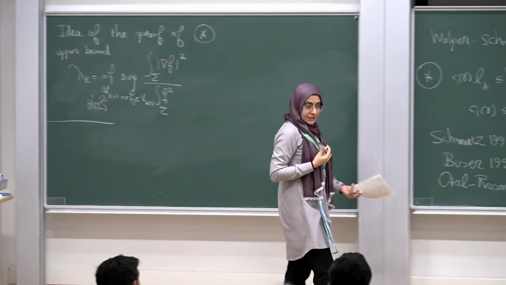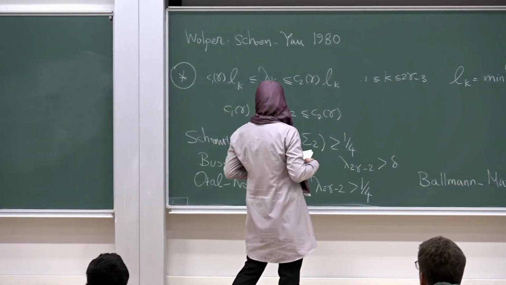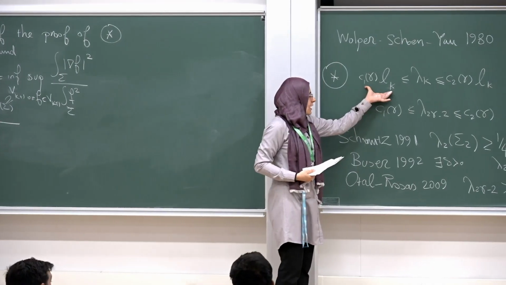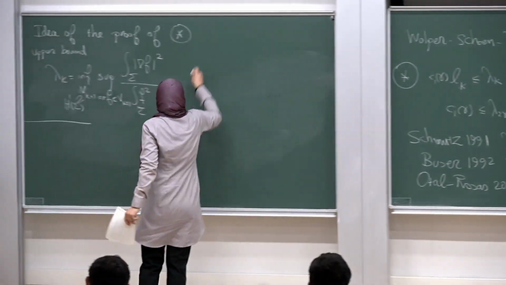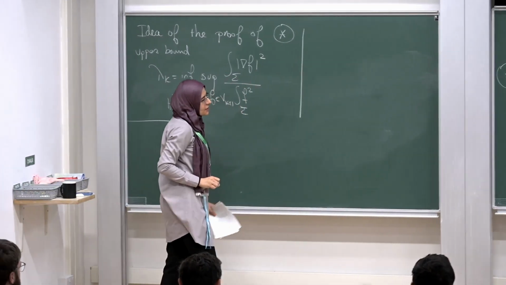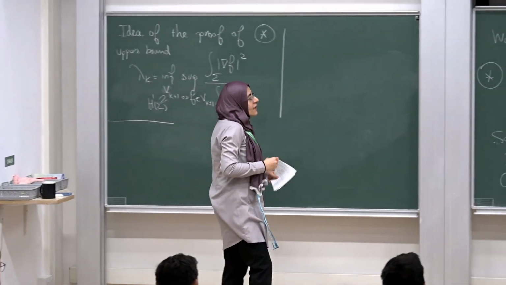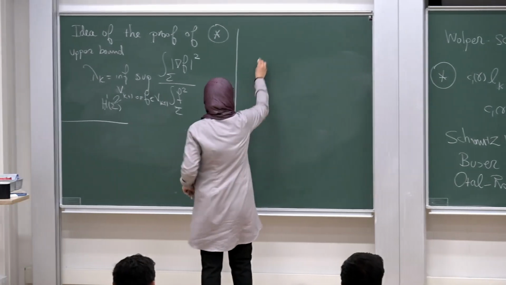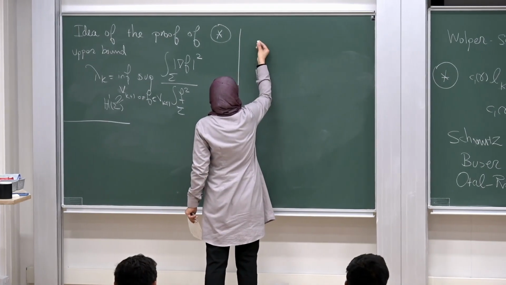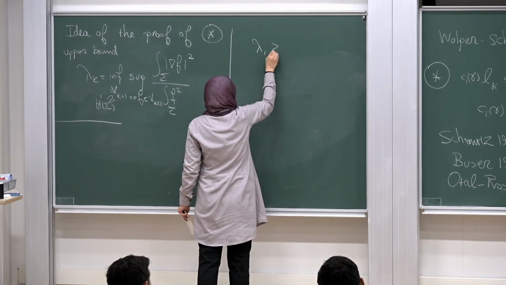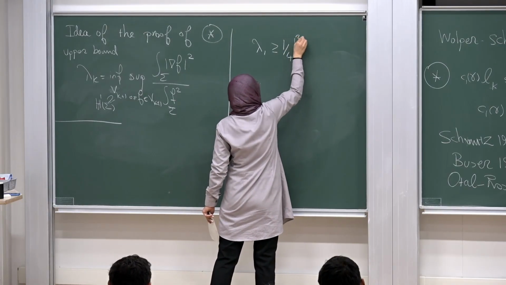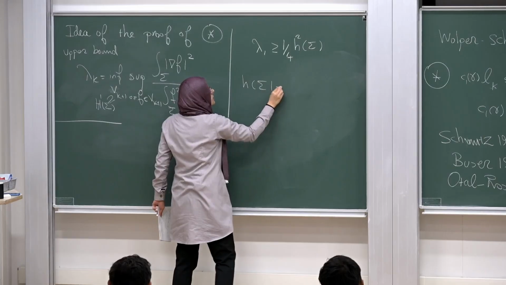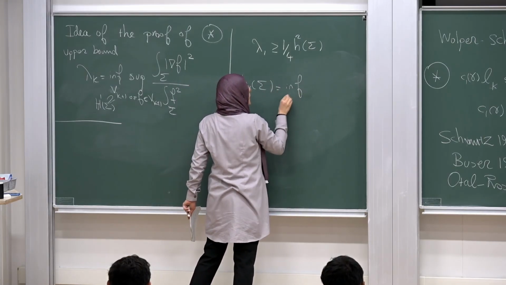The lower bound is always the tricky part. So how do we get this lower bound? The way that Schoen, Wolpert and Yau approach the lower bound, they first prove a weaker inequality using the Cheeger inequality. Let me just do it for lambda 1. We have this famous Cheeger inequality where h is the isoperimetric ratio.